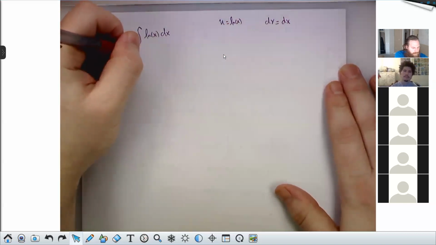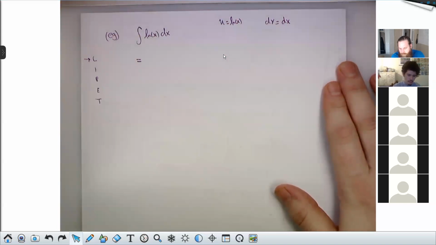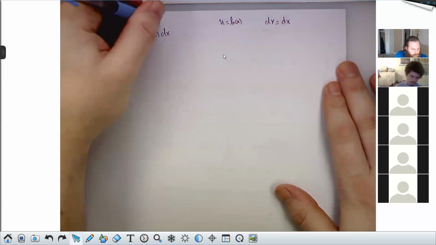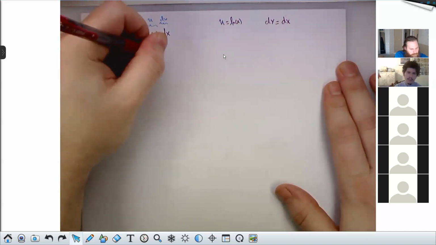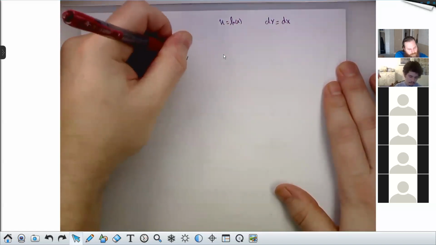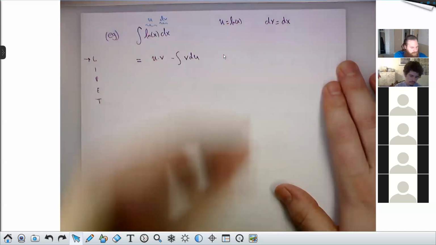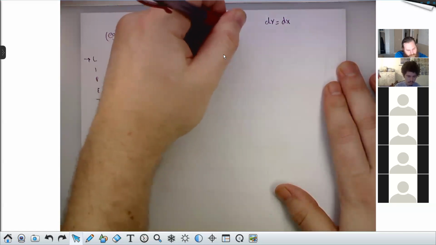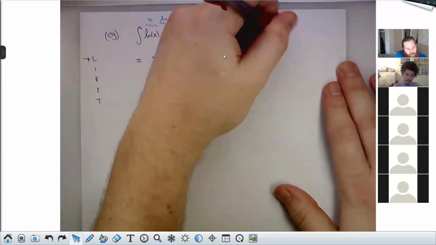Then according to my IBP formula, the integral of u times dv, which is the integral of ln x times dx, should be equal to u times v minus the integral of v times du. So I calculate du from u, and v from dv.